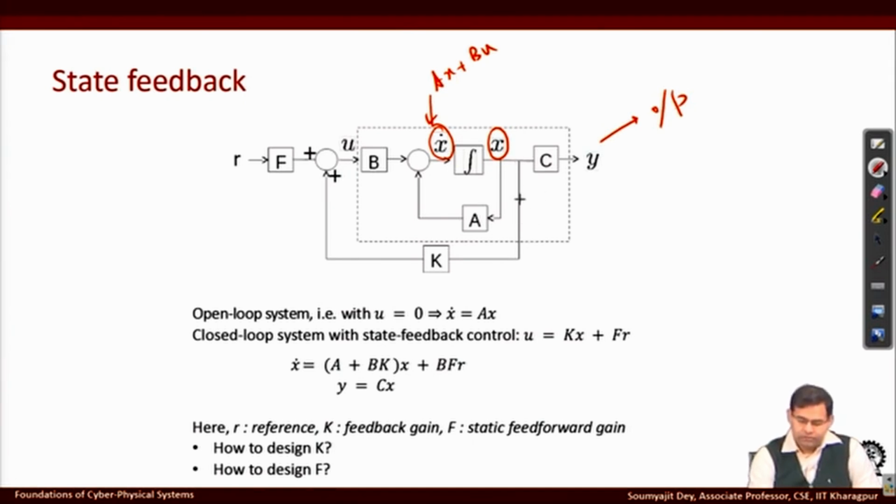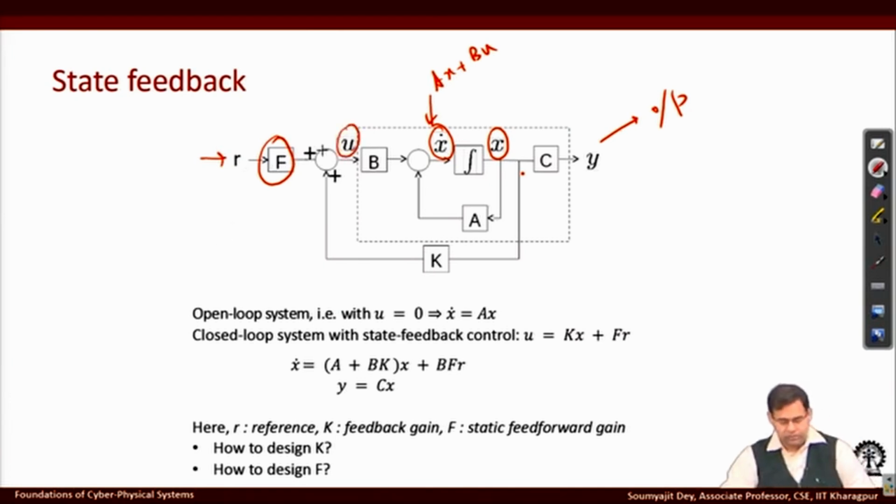And if you apply this K on x, what you get is this value Kx, and then you may have some feed forward gain F here on which the reference is acting. So here you get Kx, here you get Fr, and from them you get the overall control signal. So the idea is when this loop is open, you don't have this.